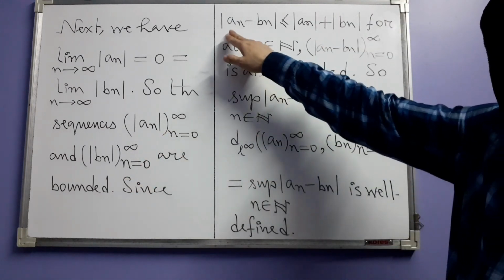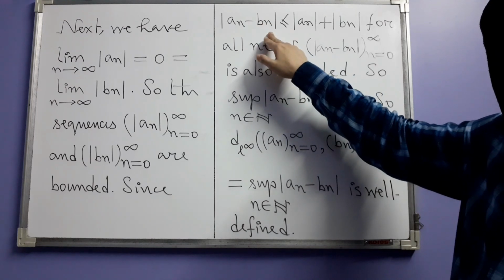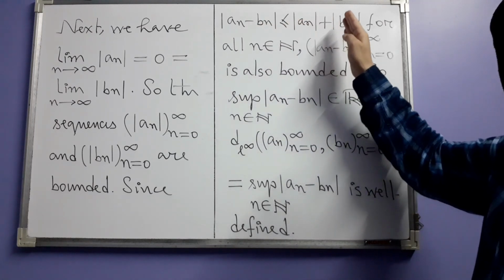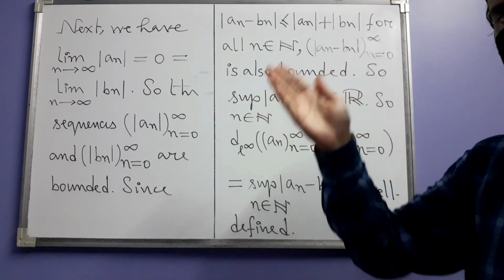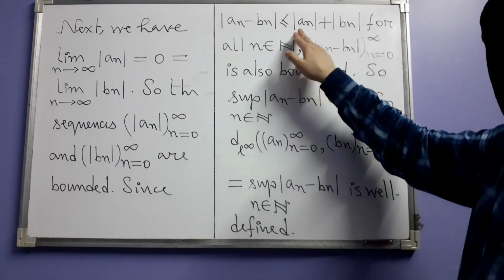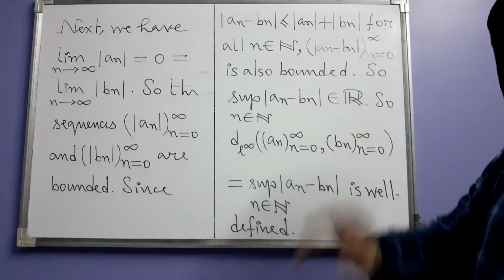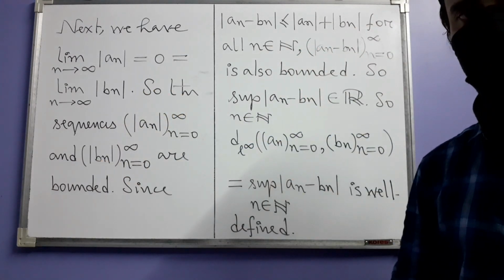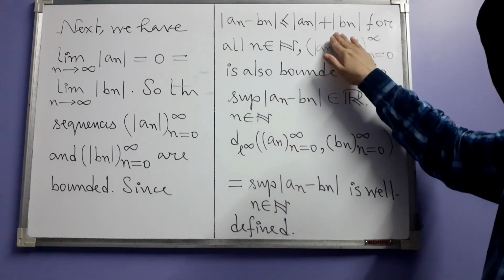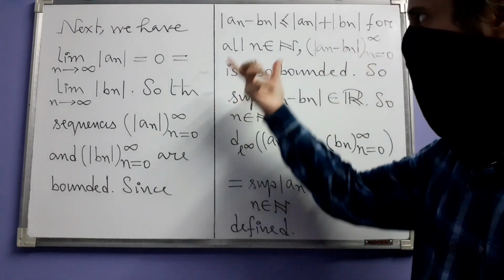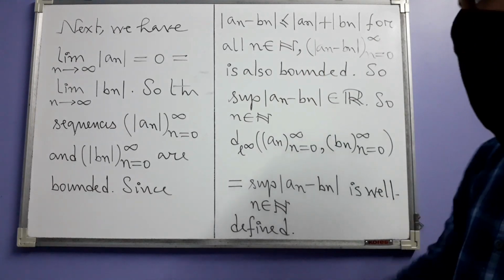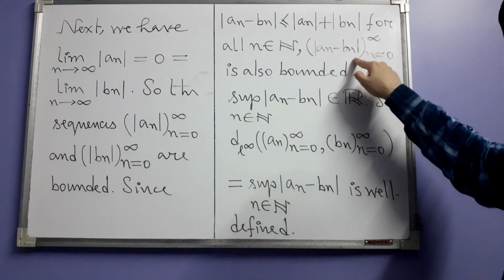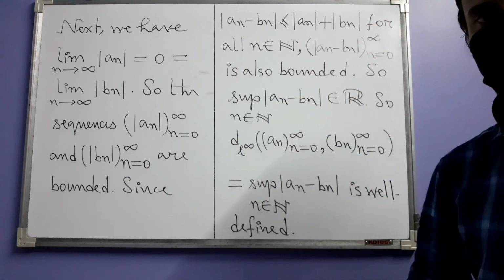And now you consider this difference, mod an minus bn. By ordinary triangle inequality, this is less than or equal to mod an plus mod minus bn, but that minus vanishes because it is inside absolute value. So we have this for all n belonging to N. Now since these two sequences are bounded and we have this inequality and we are dealing with sequences of non-negative real numbers, that is why this sequence whose nth term is mod an minus bn is also bounded.